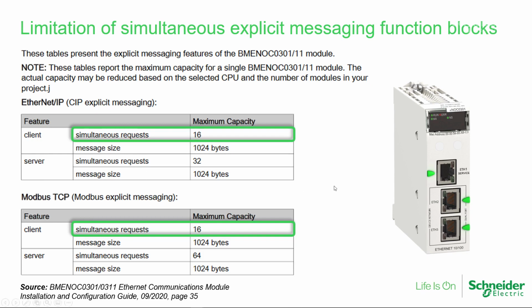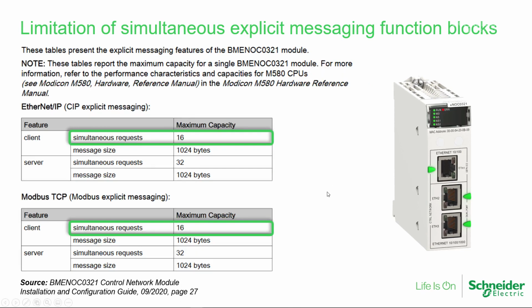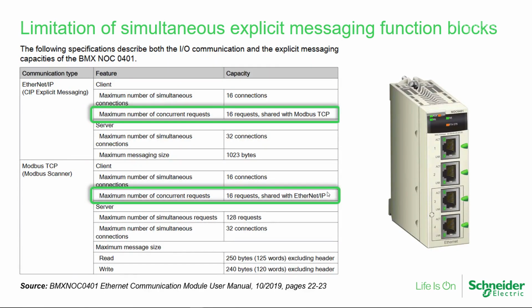It is also the case for the BME NOC 321 module, maximum number of 16. And then we have the BMX NOC 0401 module used for the M340 PLC, also with a maximum of 16 simultaneous requests shared between Modbus TCP and EtherNet/IP.